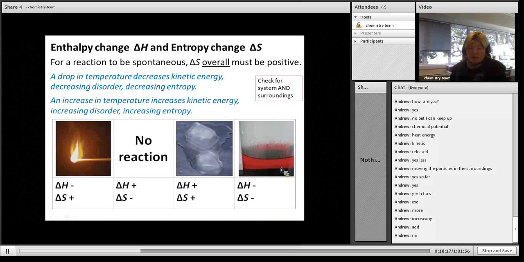And now the final one here is where I've got water vapor condensing. So it's, in a way, the opposite. It's lots of gaseous particles forming water. Am I getting more disorder or less disorder in the system?